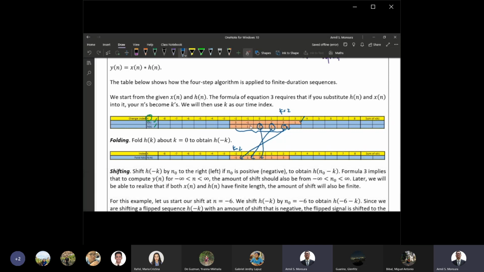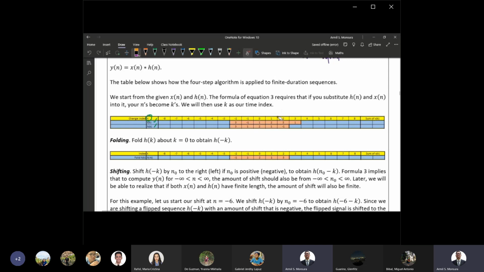And the value at k equals -2 goes to k equals positive 2. So that's time reversal.